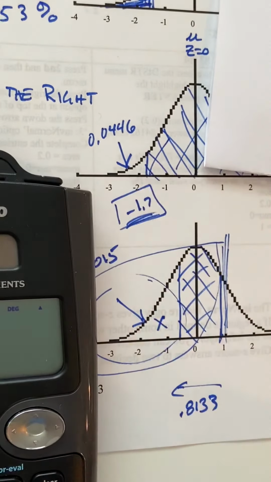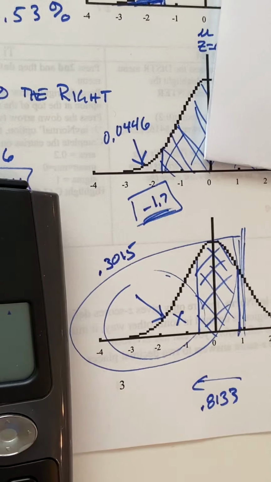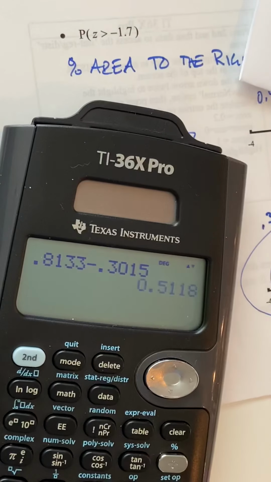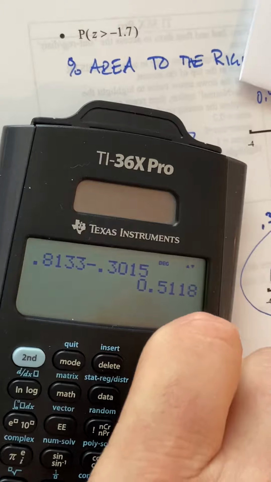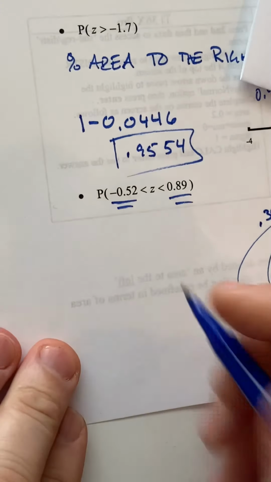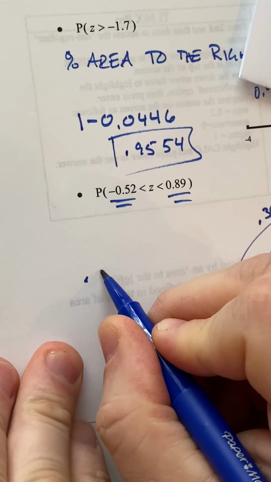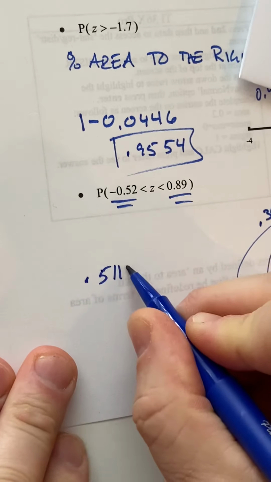So the area, 0.8133 minus 0.3015 is 0.5118.